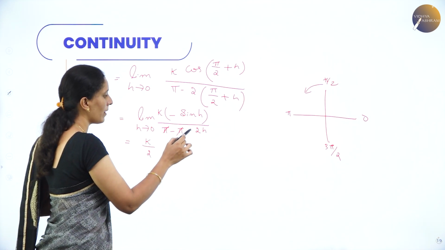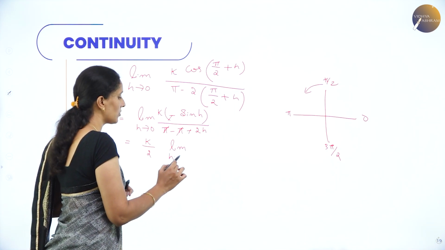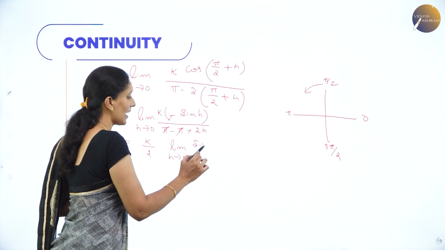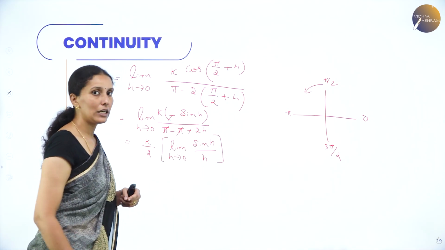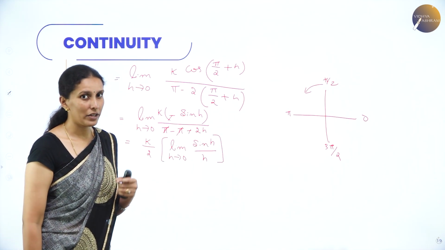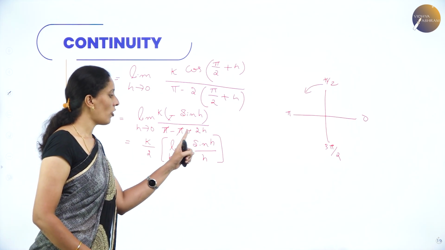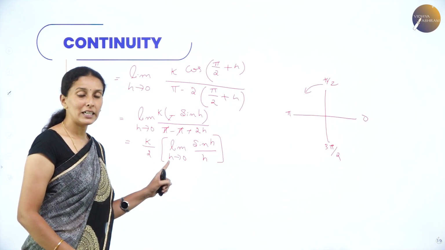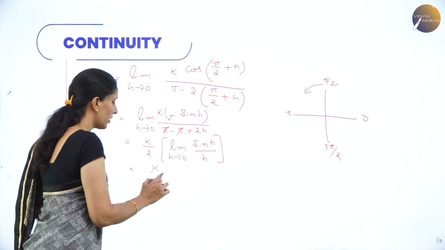The minus also gets cancelled. So we are left with limit as h tends to 0, sin h by h. This is the standard theorem which we have learnt in the chapter limits and derivatives in your first PUC, which states that limit of sin theta by theta as theta tends to 0 is equal to 1. So therefore the value will be equal to k by 2.